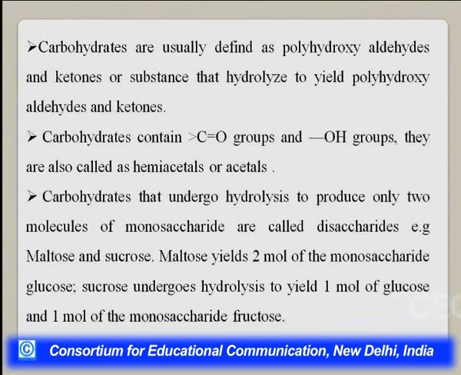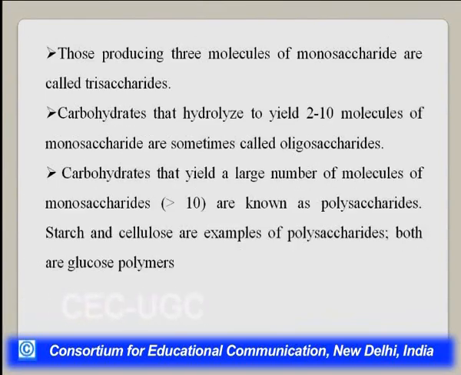Carbohydrates that undergo hydrolysis to produce only 2 molecules of monosaccharide are called disaccharides, for example maltose and sucrose. Maltose, on hydrolysis, gives 2 moles of glucose, and sucrose undergoes hydrolysis to yield 1 mole of glucose and 1 mole of the monosaccharide fructose. Those producing 3 molecules of monosaccharides are called trisaccharides.